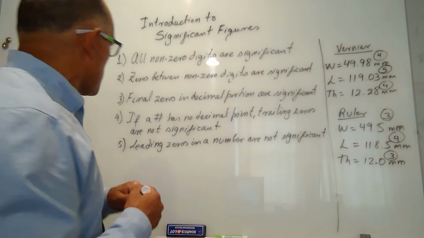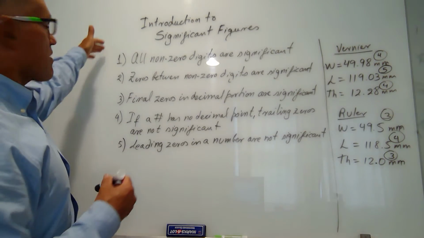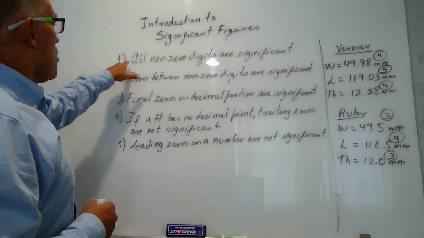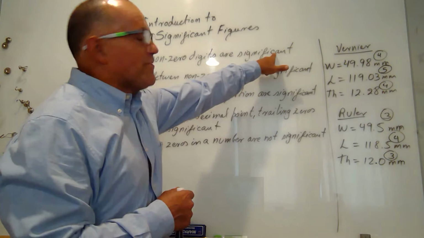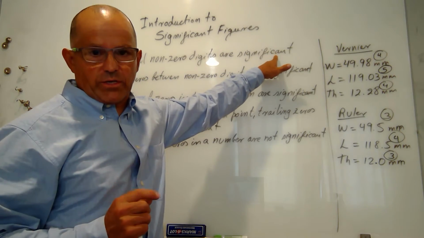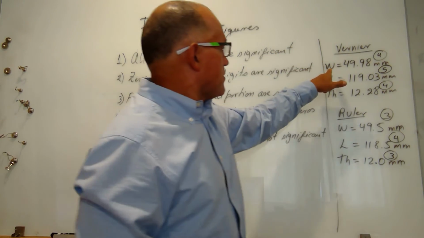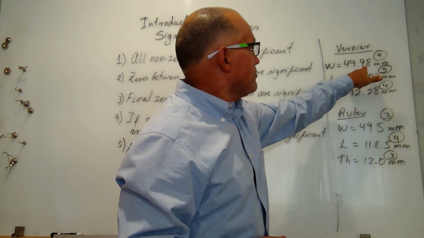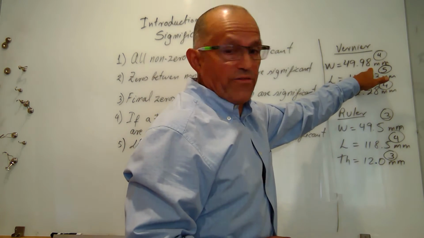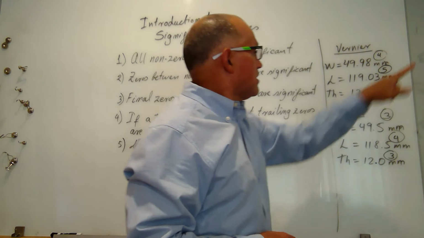So I'm going to start by describing the rules. Number 1, all non-zero digits are significant. All non-zero digits. That's very important. For example, in the width, I have all non-zero digits. They are significant. I count 4.